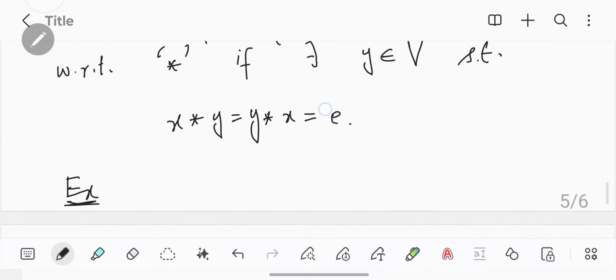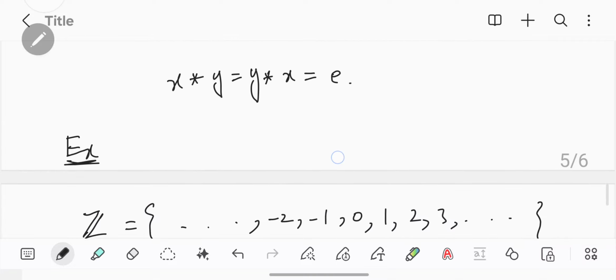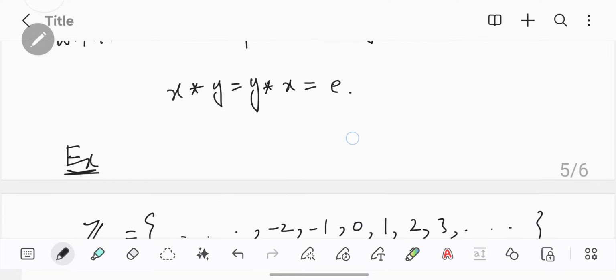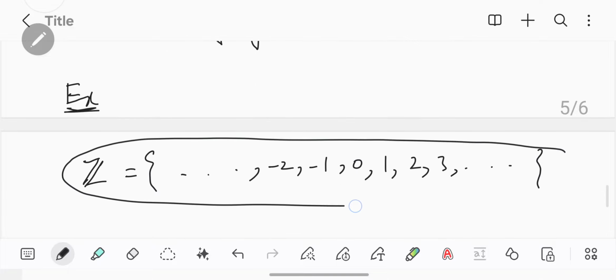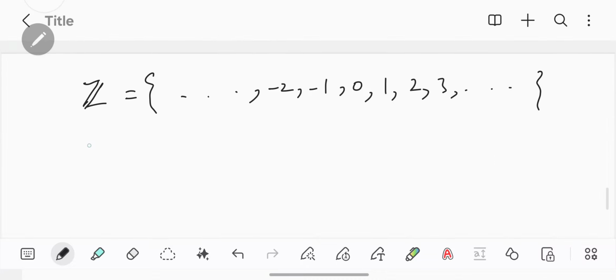So we need to check this property. In order to check this property, we need to define some binary operation here. So which binary operation should I define? I should define the binary operation addition. Let addition be the binary operation, right?